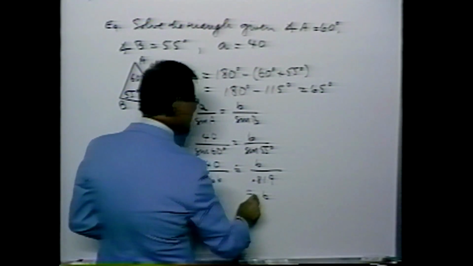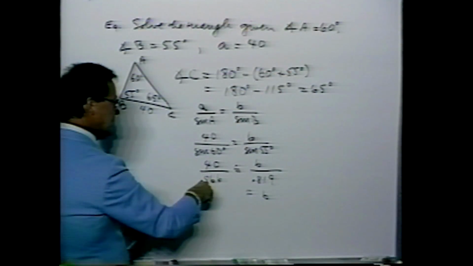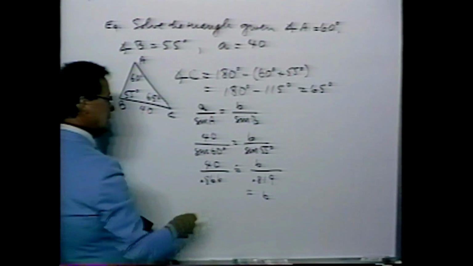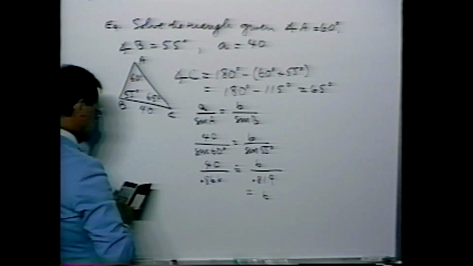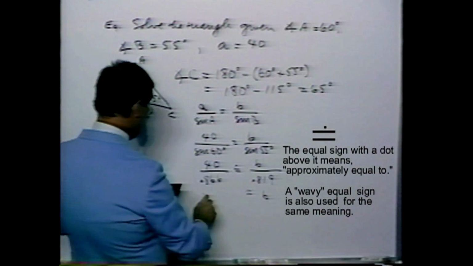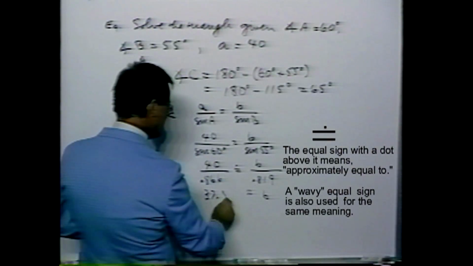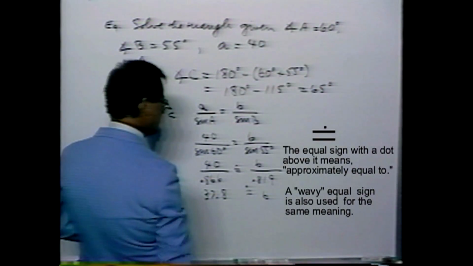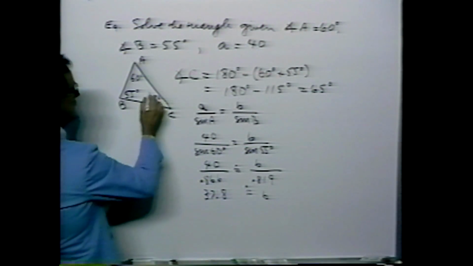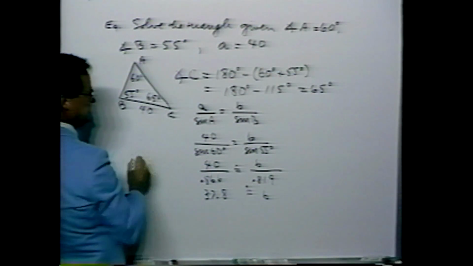B is therefore equal to 40 divided by this amount multiplied by 0.819. Your calculator result is 37.8 approximately. So we have then the value of B established.